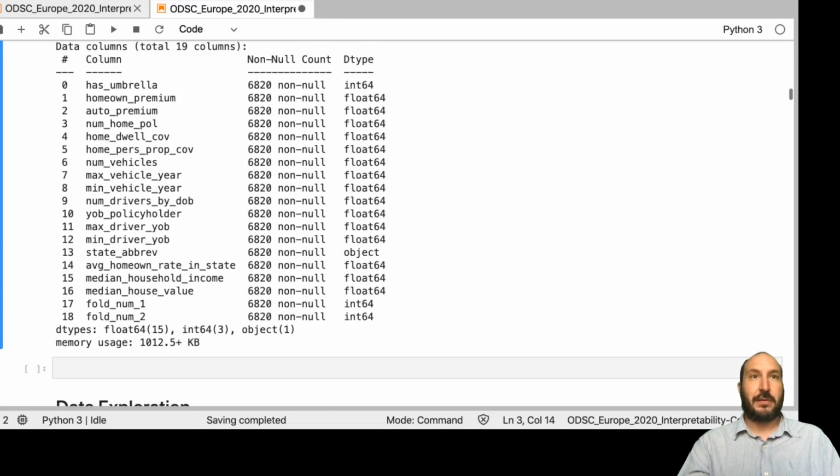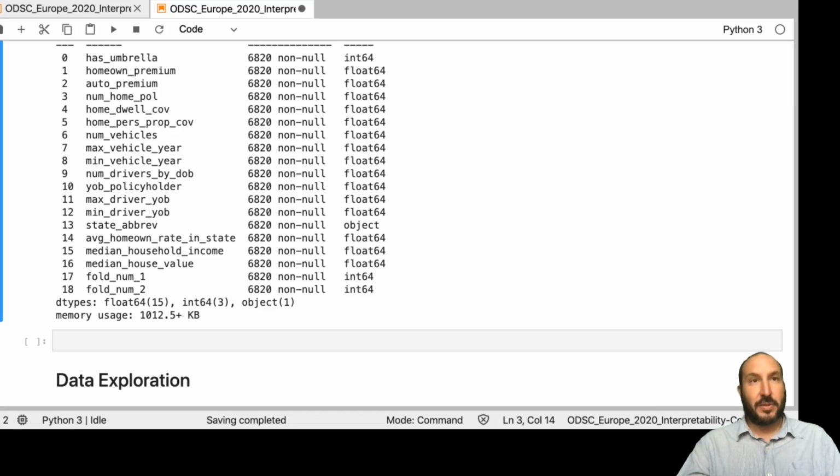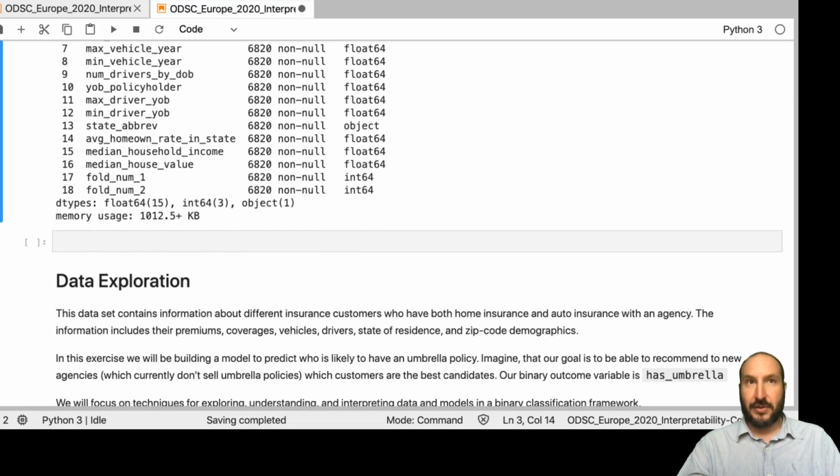So we have information about their premiums, that's the monthly payments for each of those policies, how many different home policies they have, what their coverages are, which tells you how much their house is worth and how much their possessions are worth, the number of cars they have, how old or young those cars are, the number of drivers, how old or young the drivers are, how old the policyholder is, and then some information about where they live, the homeowner's rate in the state, and then some zip code statistics about their household income in that zip code and the house value in that zip code.